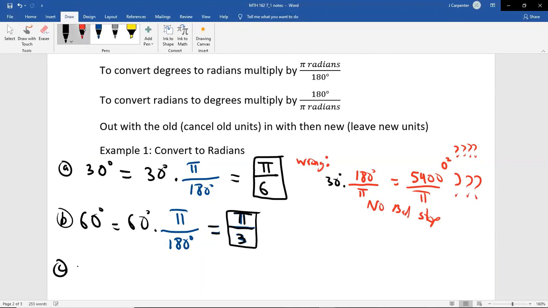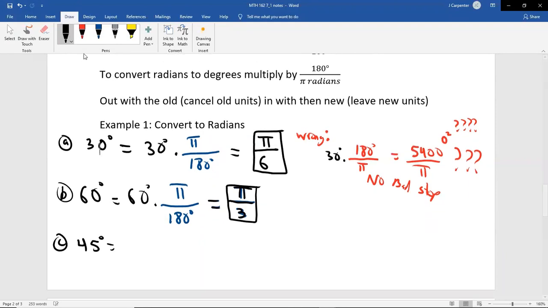C, 45 degrees. 30, 60, 45. These are 3 of the most used angles throughout this course. You will see them in radian format constantly. And a lot of students don't like doing the math in radians, so in their head, they just convert them to degrees. They may not show it, they may show it. It's up to you.